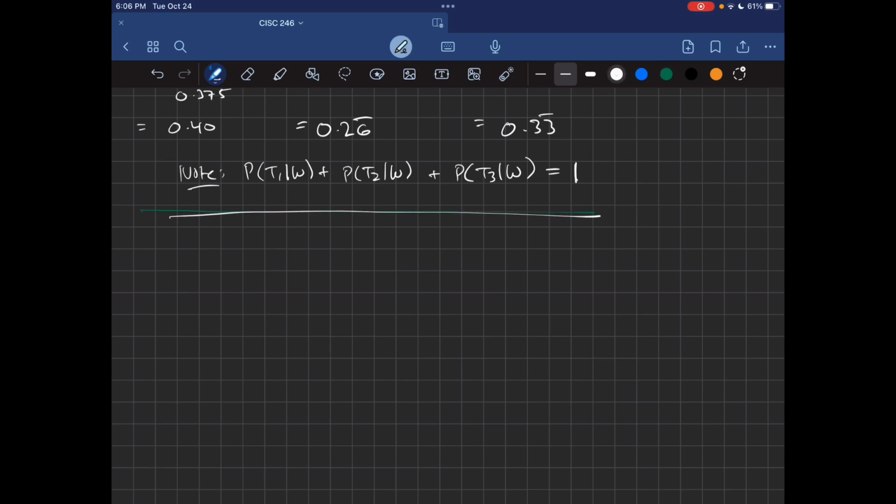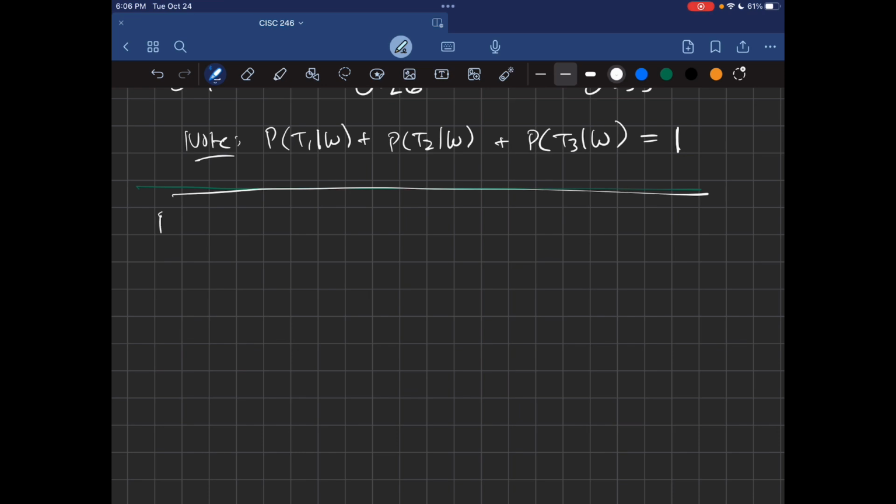Now for the general framework for Bayes' rule, or Bayesian inference, Bayes' theorem, we have what are called the priors, or the prior probabilities.